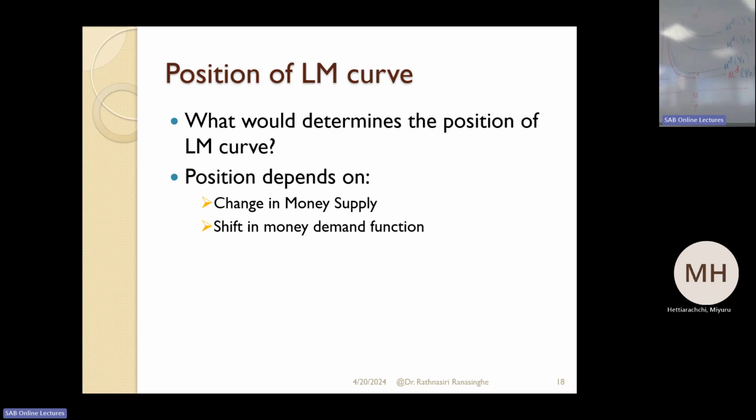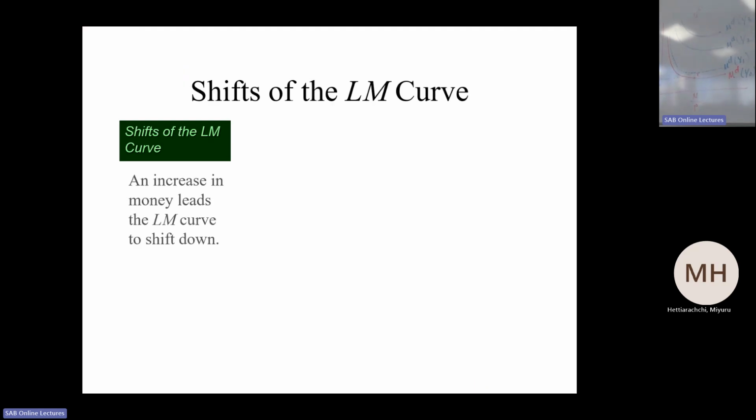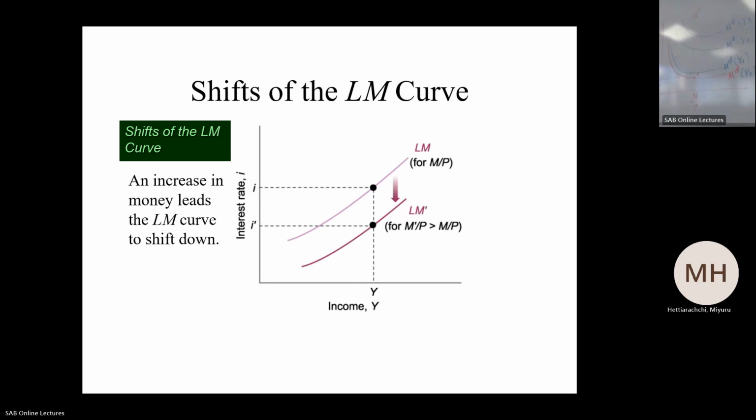If there is a decline in the money supply or the money stock in the economy, what happens to the LM? Likewise, if there is a change in the autonomous money demand, what is the impact on the shift? Now we can look at the shifting factors.